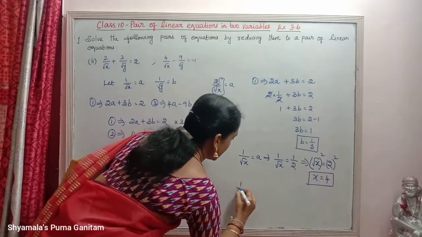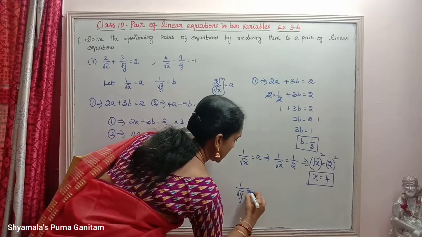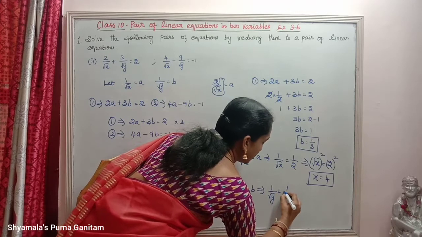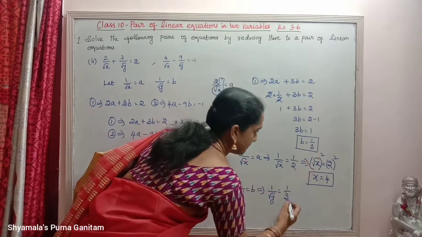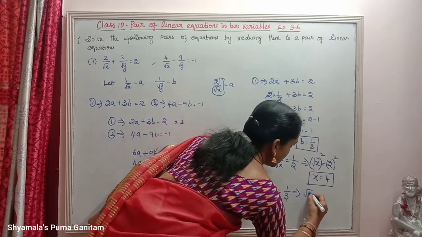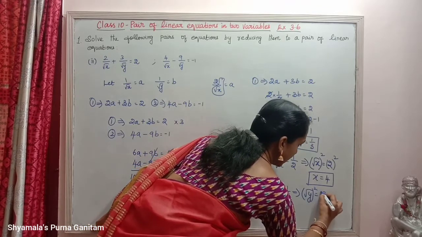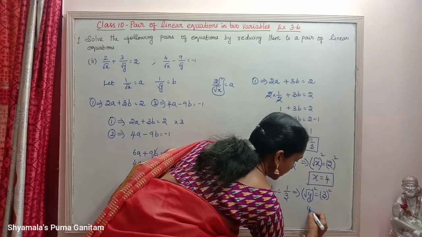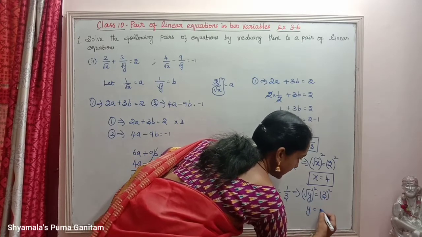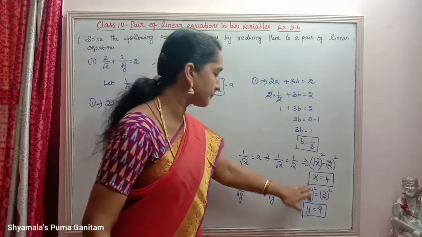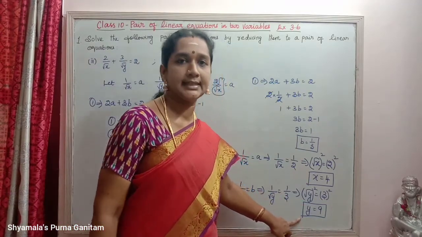In the same way, 1 by root y is equal to b, so 1 by root y is equal to 1 by 3. So root y is equal to 3. The whole square gives y is equal to 3 threes are 9. So my x value is 4 and my y value is 9.